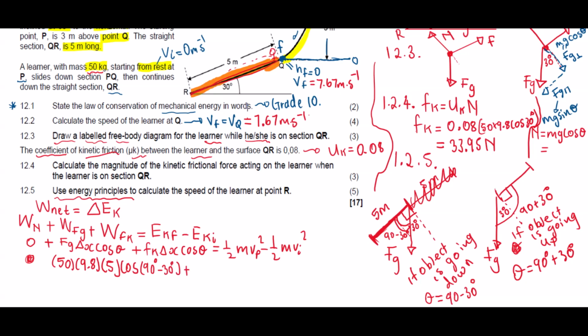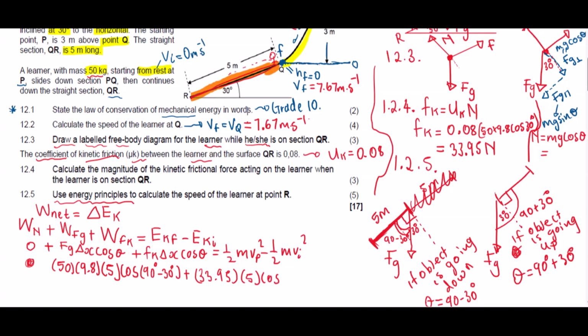The frictional force that the object experiences is the one that we calculated, 33.95, and delta x is 5 meters. So it's going to be the cos of the angle theta. What is the angle theta there? The angle theta, people, is the angle between the force and the displacement. For gravity it is 90 minus 30 because the object is going down.